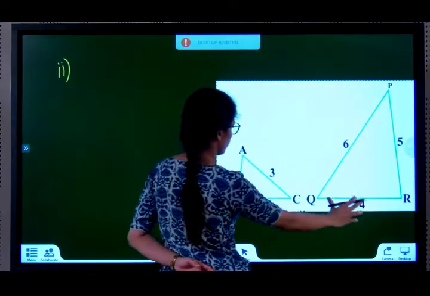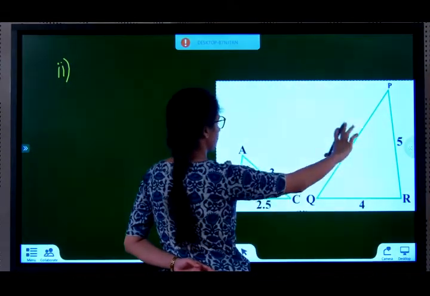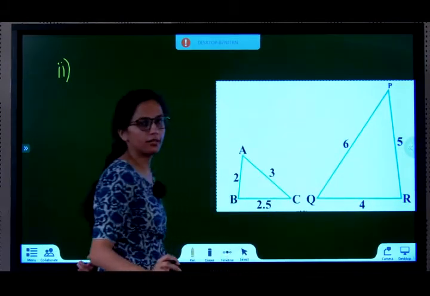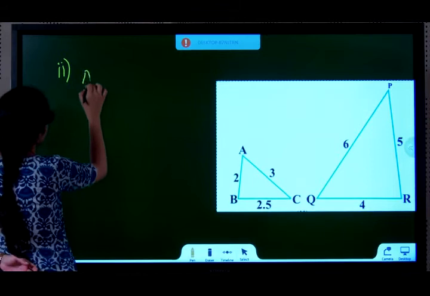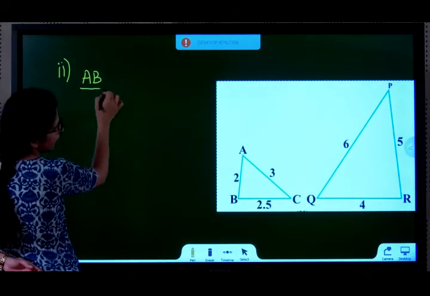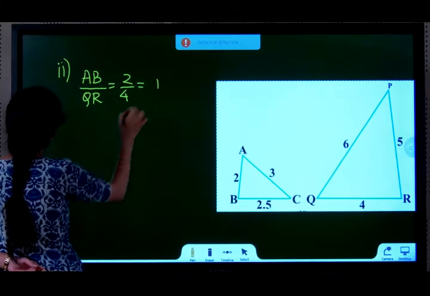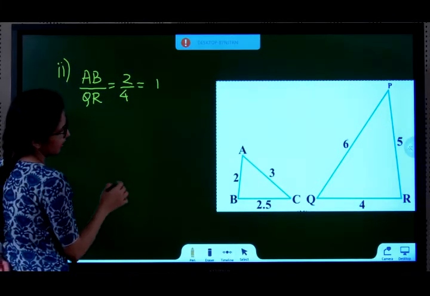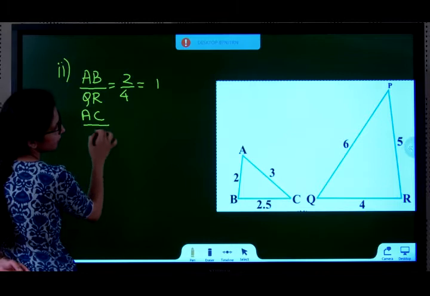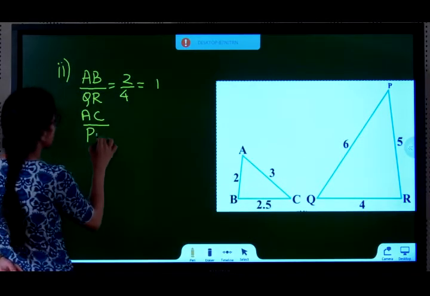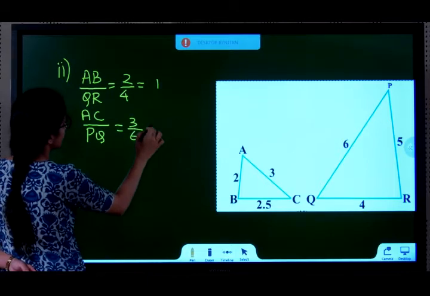2 will correspond to 4, 3 will correspond to 6, 2.5 will correspond to 5. Agreed? So AB by QR, so 2 by 4 which is 1 by 2. Next, AC by PQ, 3 by 6 which is 1 by 2.